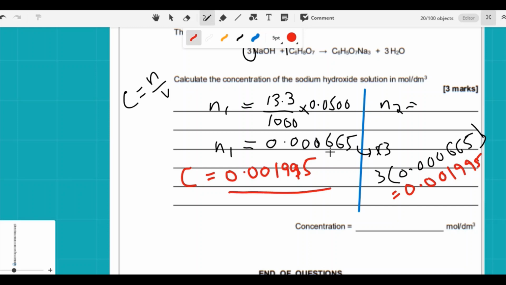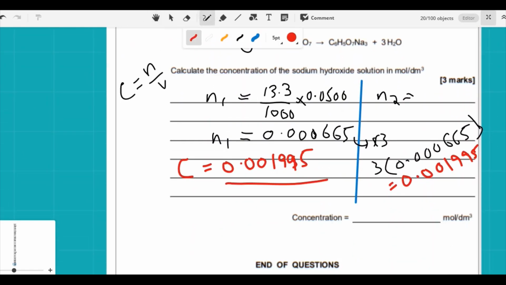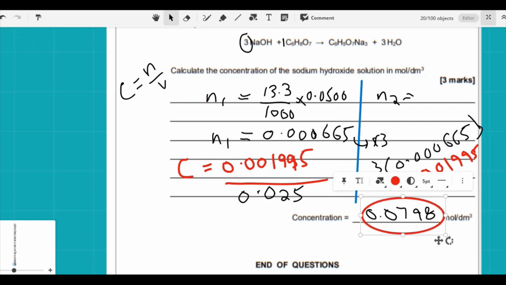For the volume there is 25 centimeter cube, so you have to first convert it into decimeter cube, so it will be 0.025. When you divide it, you get 0.0798. So that is the answer of this question.